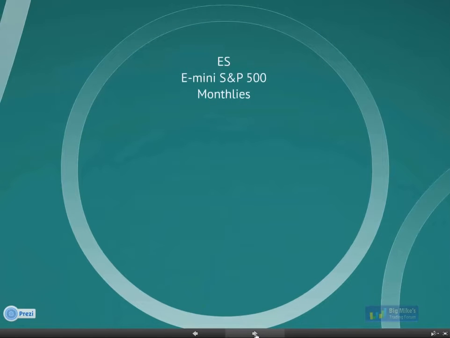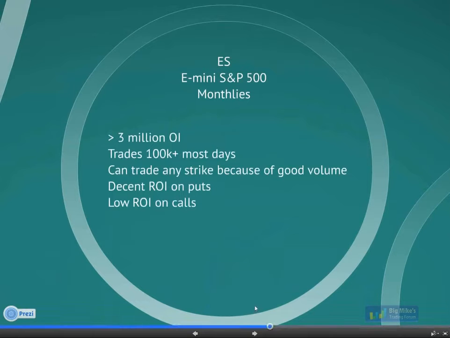The big daddy, you might say, is the ES contract, or the E-mini S&P 500 monthlies. They have over 3 million open interest. The calls and puts trade 100,000 or more most days. On those you can trade any strike because of the good volume.